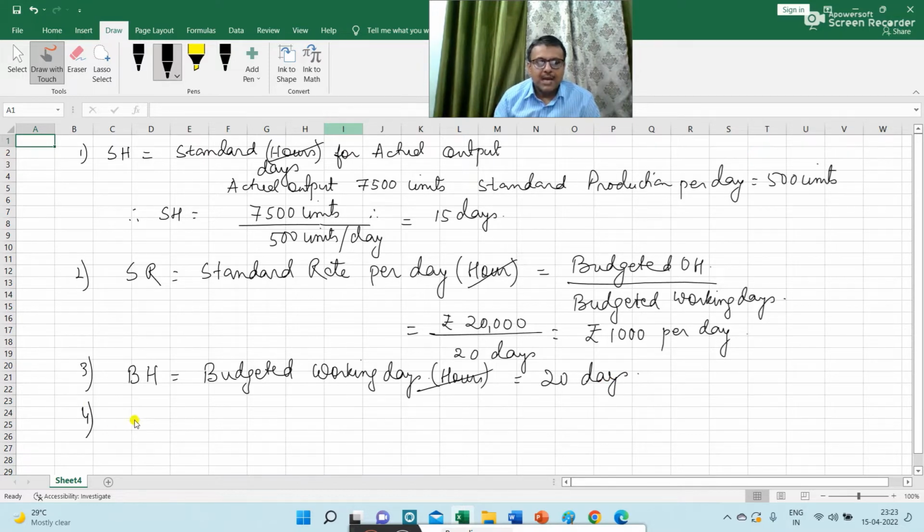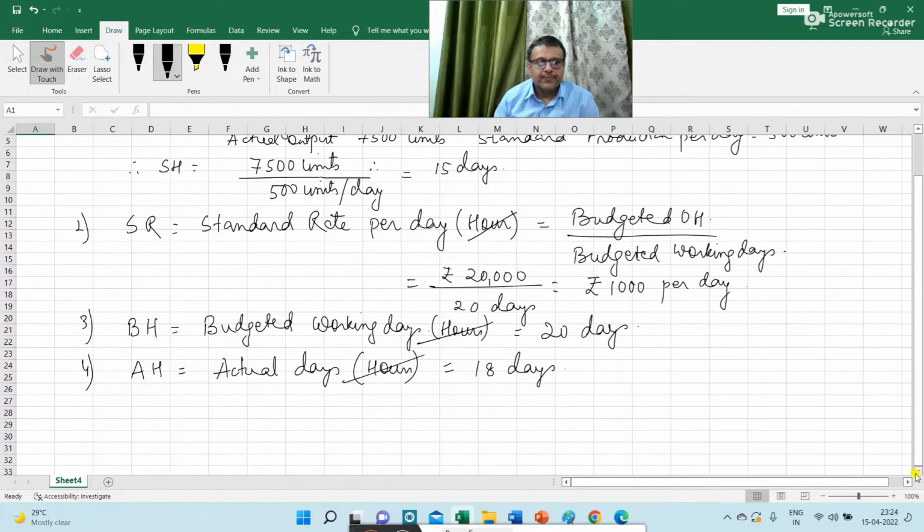Then the fourth parameter is AH. This is equal to actual days instead of writing hours. So here also I am removing the word hour and I am writing the actual days. So actual days is given as 18 days. So you will have a calendar variance.